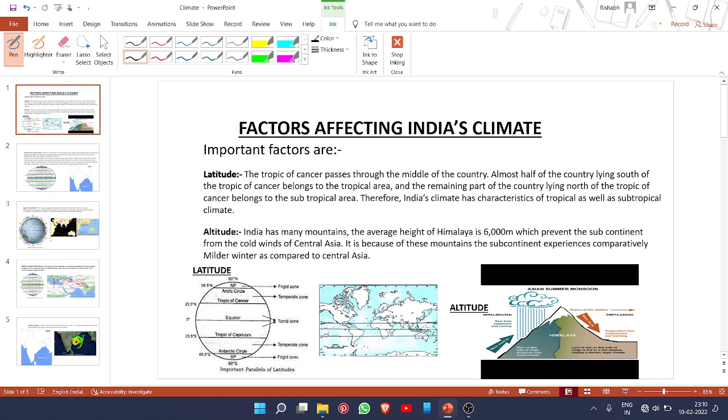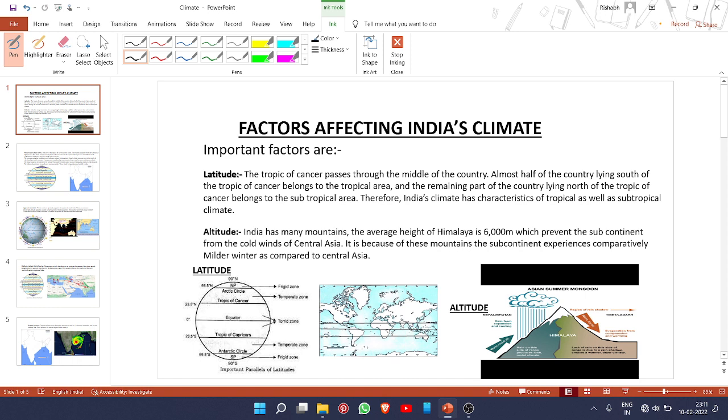Now, see the map. If you see the map, this small one is India, and India is divided by the Tropic of Cancer equally into two parts. So, it's written over here: the Tropic of Cancer passes through the middle of the country.